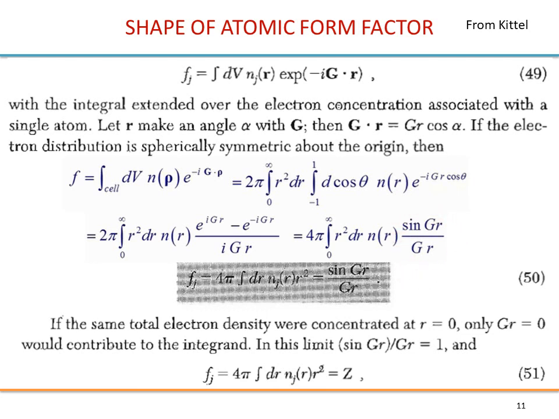And just as a comment also, if you imagine that the total electron density were concentrated at the origin, that is r equal 0, then this thing will be 1. So you will get 1, and in fact your F would be just the number of electrons of the atom, represented usually as Z. The exact form of the electron concentration will of course depend on atoms, etc. So there is a model.